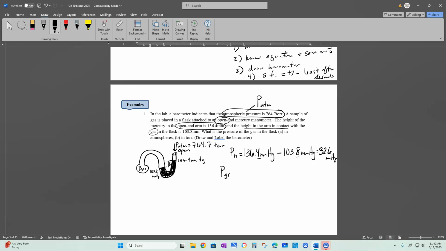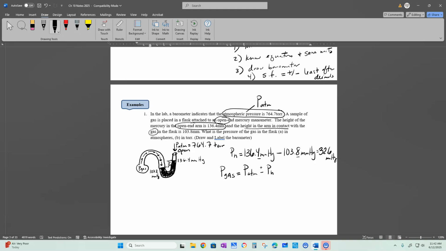Which equation am I looking at? I know it's P gas is PATM and then pH. The question is, am I adding or am I subtracting? Because the pressure is higher on this open end, that means the pressure of the gas must be more powerful to push that mercury closer to the open end.